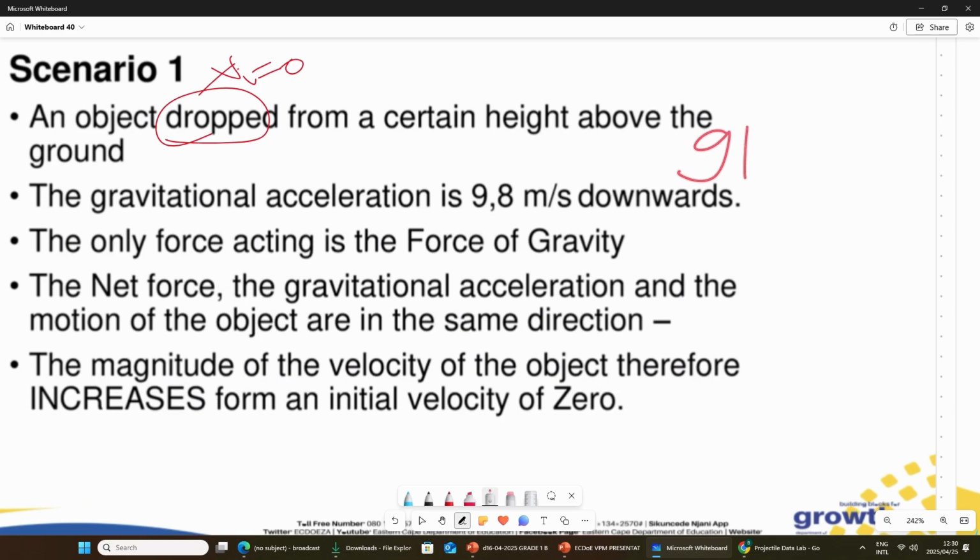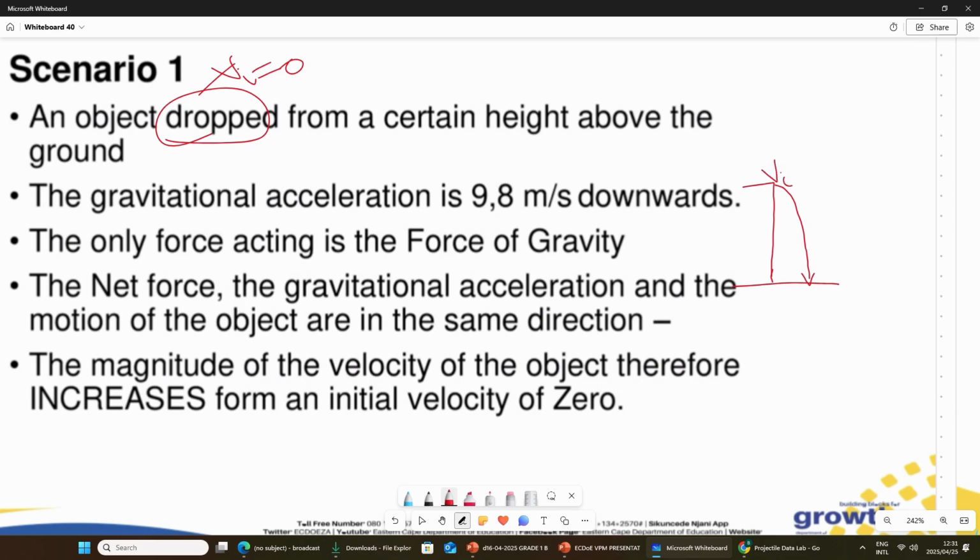That is our g. Our g is always going down, okay? So if there's only one force acting on an object, then that force will become what? A net force, okay? So now on this scenario, let's say the object is being dropped from a certain building.